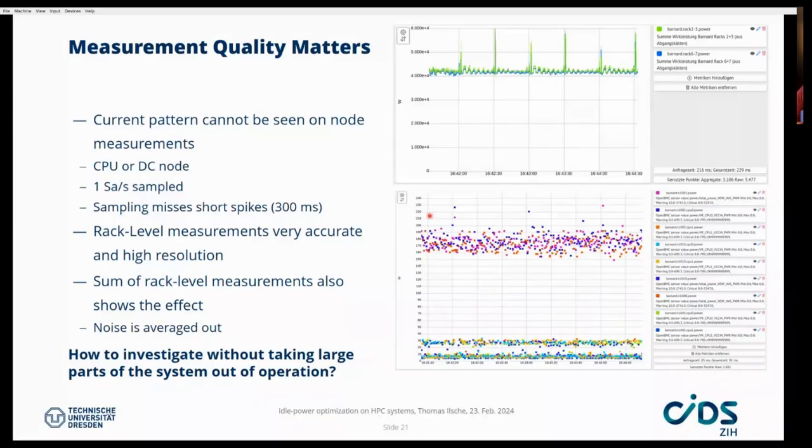But still, we see that for this use case, it's actually not enough. And so the question to pose is, how can we investigate these issues without taking large parts of the system, like exactly one rack or something like that, out of system operation? And this is sort of an open question.